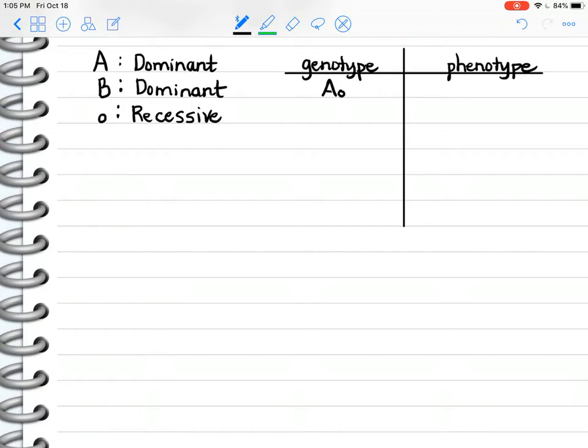Because you can't give them both. If you give the wrong type, you can kill someone. Okay, A is dominant, O is recessive, so that person is going to need type A. What if a person has this type?